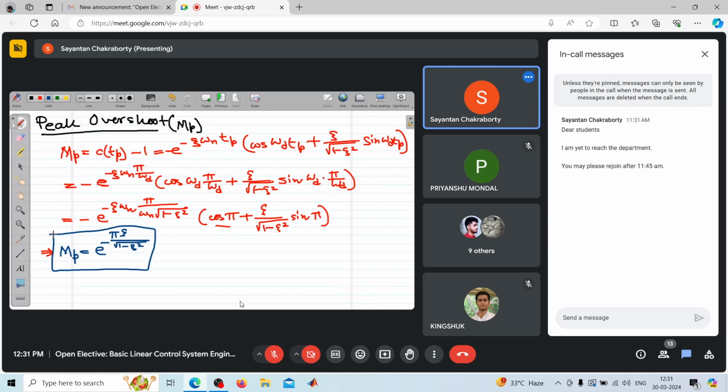So this will be the expression for peak overshoot, which is directly a function of the damping ratio.